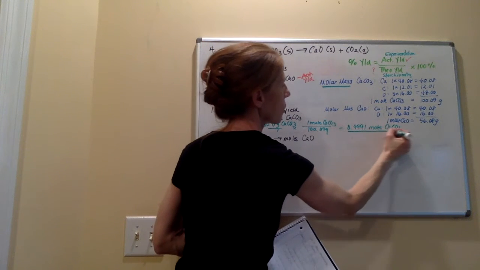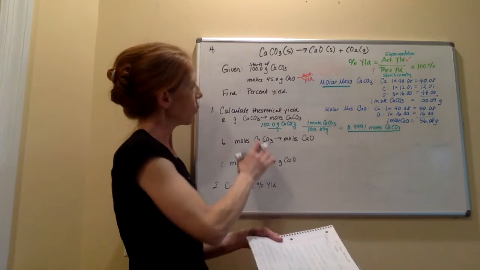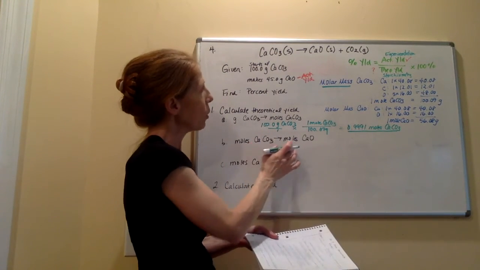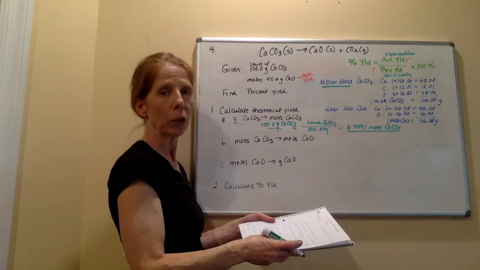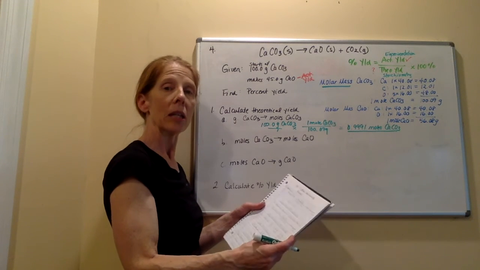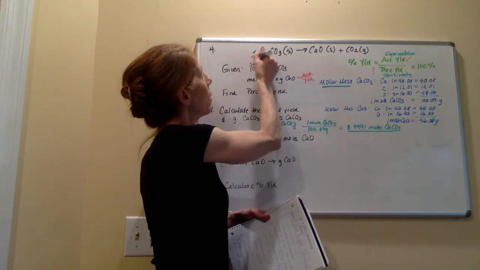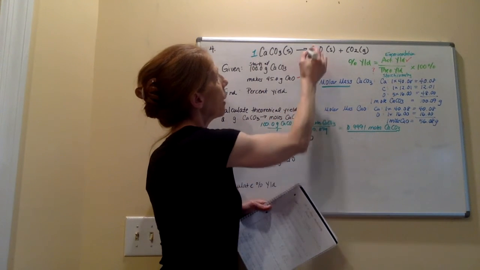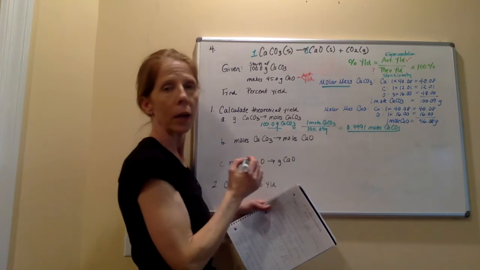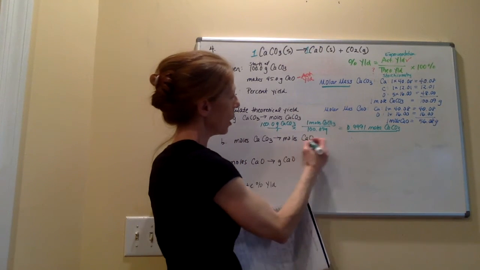So that's the first step. Now, to go from moles of calcium carbonate to moles of calcium oxide, I have to look at my balanced chemical reaction and see what the relationships are. Let's look up here. For every 1 mole of calcium carbonate, I'm going to produce 1 mole of calcium oxide. It's a 1-to-1 ratio.